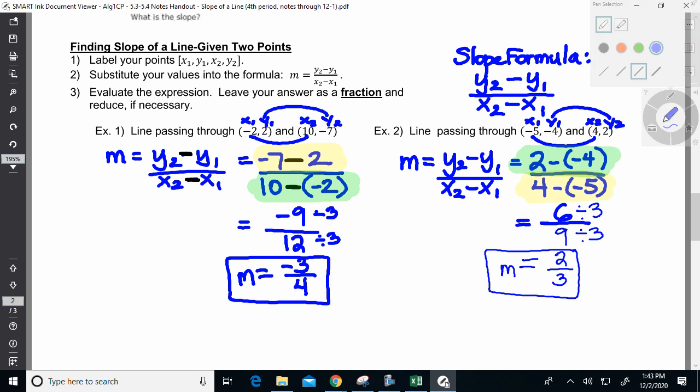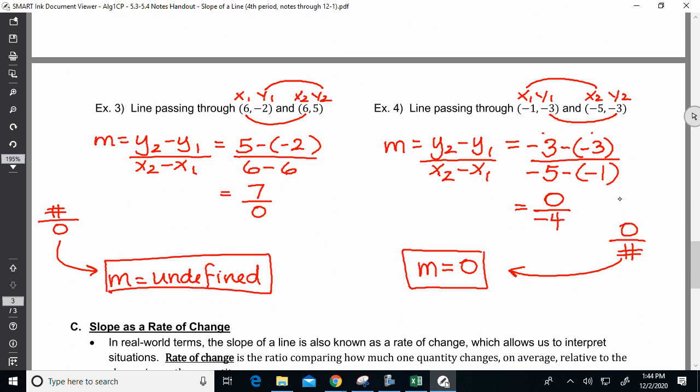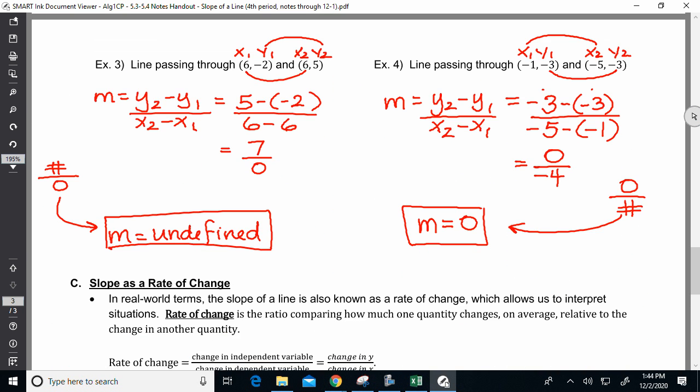The other formula for the slope is y2 minus y1 over x2 minus x1. So that's the second way to find the slope, and we went through 4 examples for that.